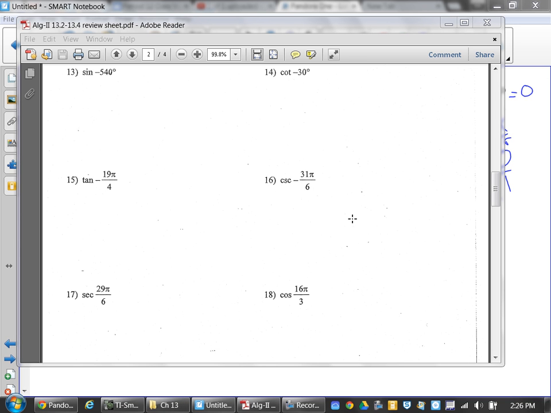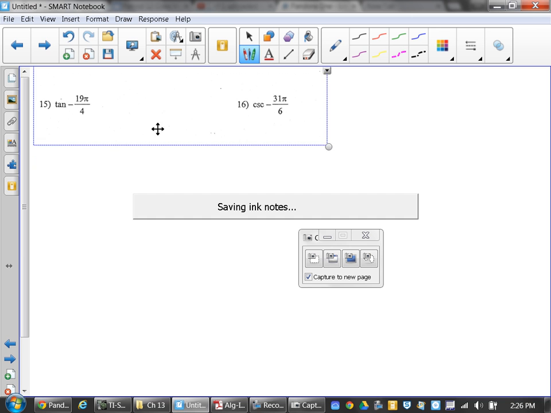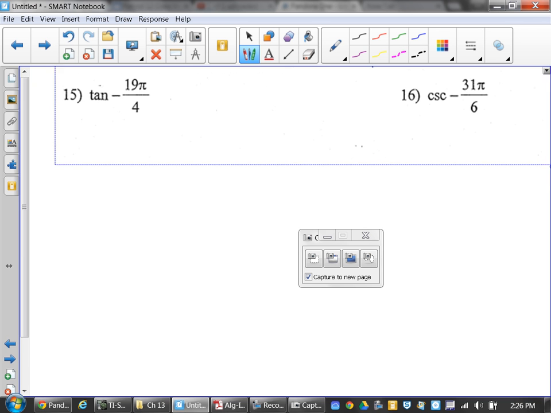Let's try a couple of the radian ones. A lot of the radian stuff, hopefully you're starting to identify what triangle you are with by the denominator. If the denominator is a 4, what triangle are you in?